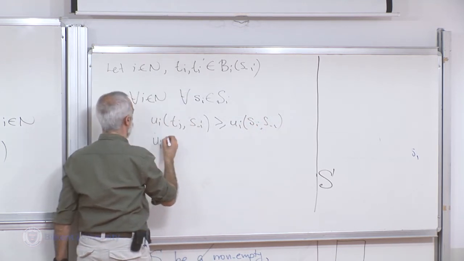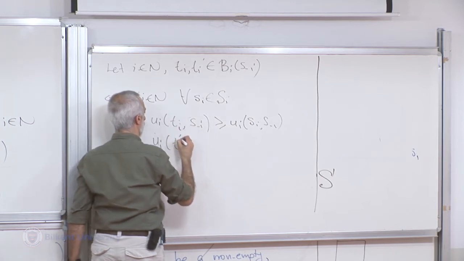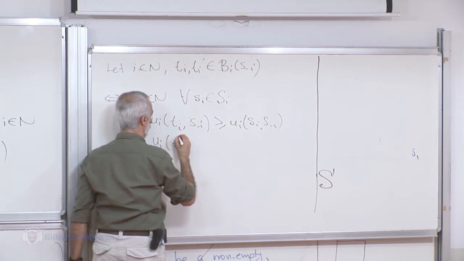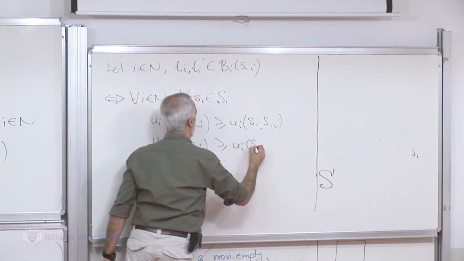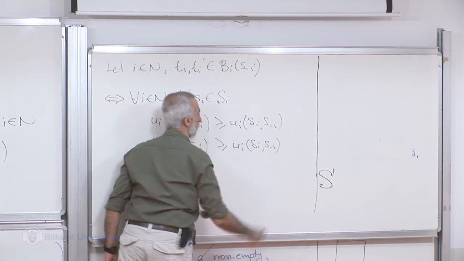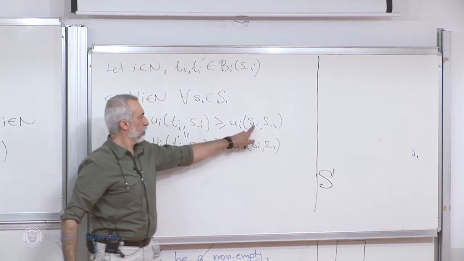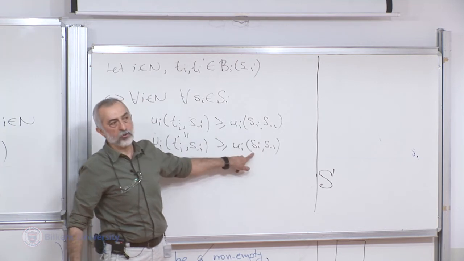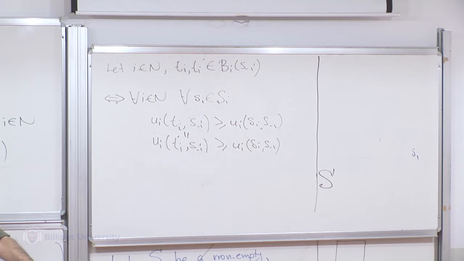And the same thing is true for Ti prime. And these two have to be equal, because put Ti prime here, put Ti here, they have to be equal. So what is the next thing I would do?